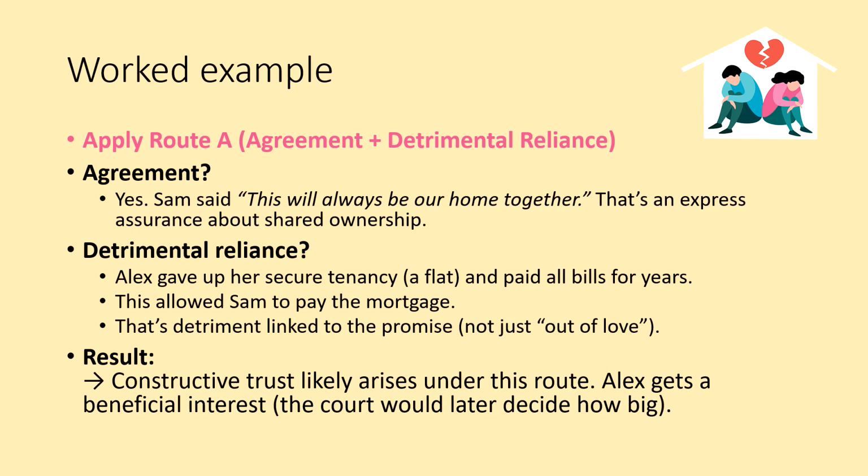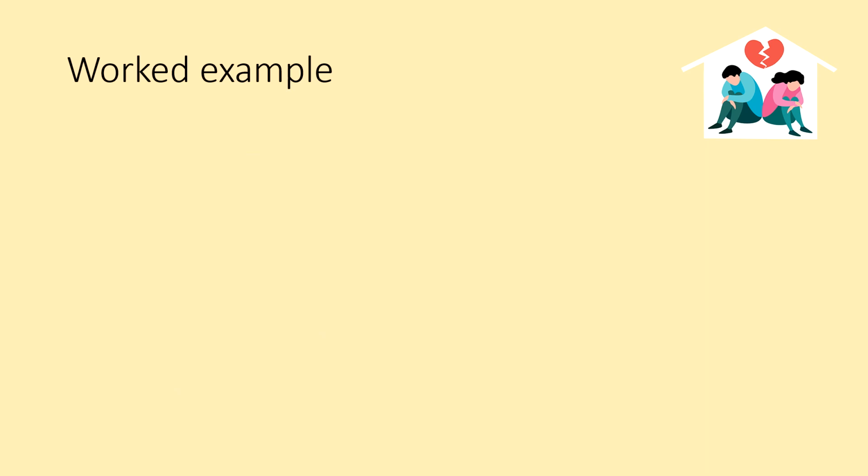Okay, so this would secure her some protection and equity, so she could get a certain beneficial interest. How big this interest is going to be will obviously depend on lots of different factors.